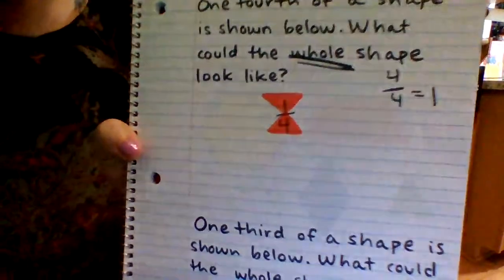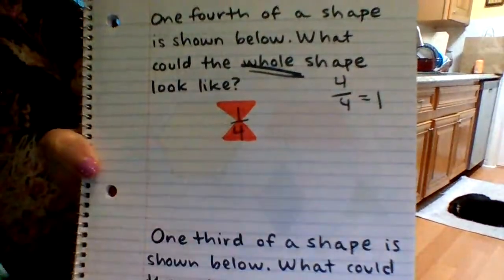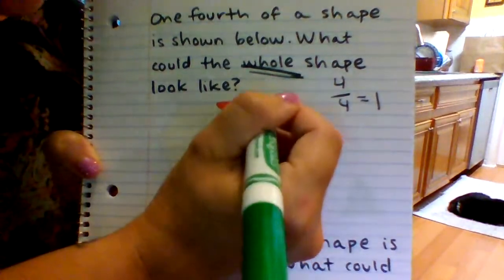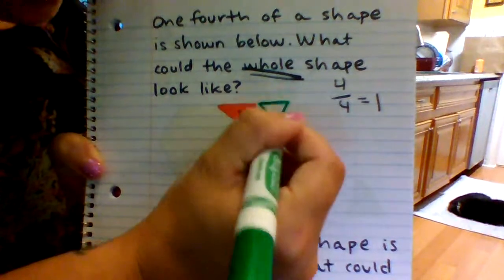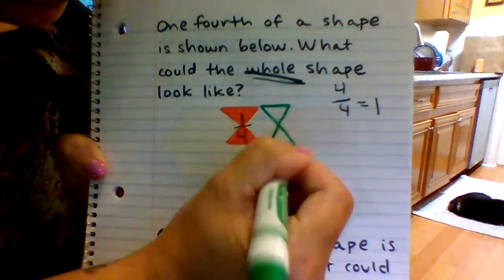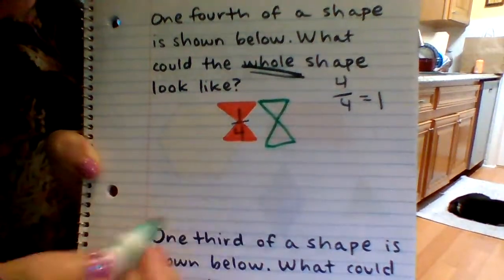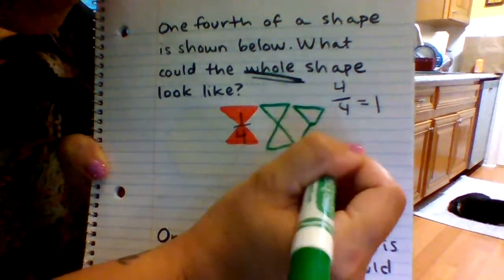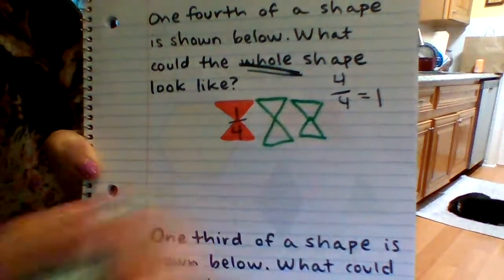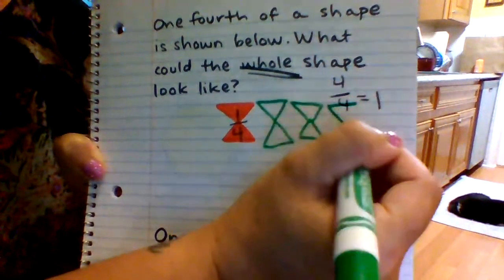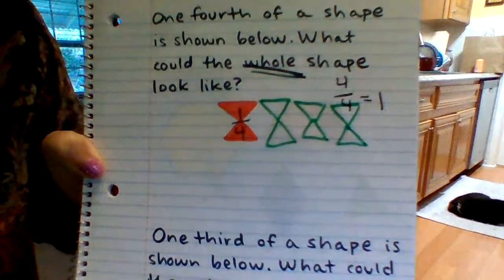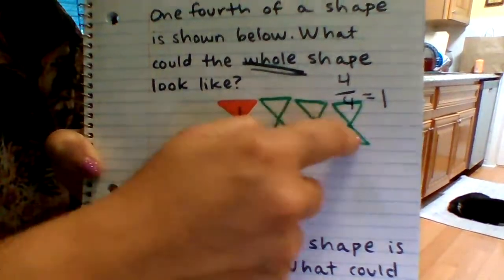Ready? We're going to make 4 fourths. So first we have 1/4, but we want 4 fourths because that equals one whole. So we have 1/4. That would be 2 fourths, right? That would be 3 fourths. And that would be 4 fourths.